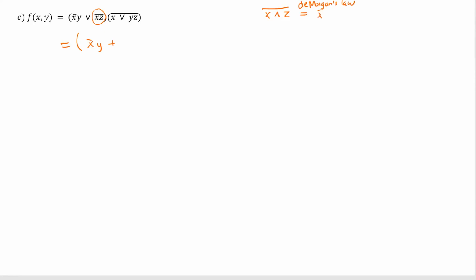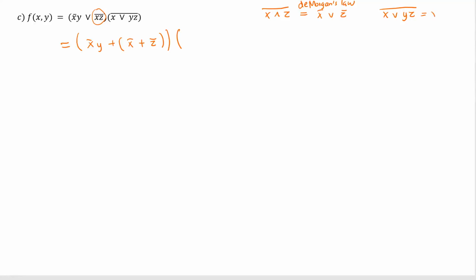That is x bar or z bar. Okay, so this is x bar or z bar. So far so good, everybody. And then times, okay, what is x or yz bar? What is this guy?